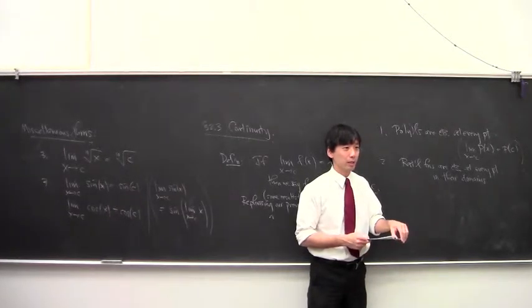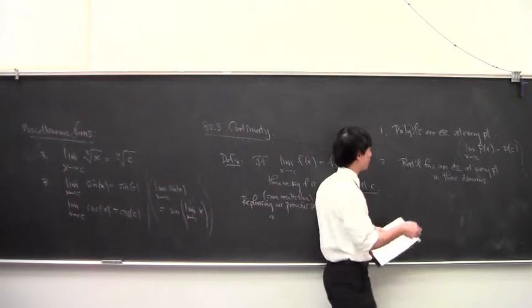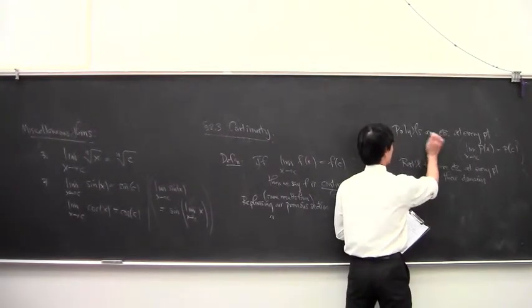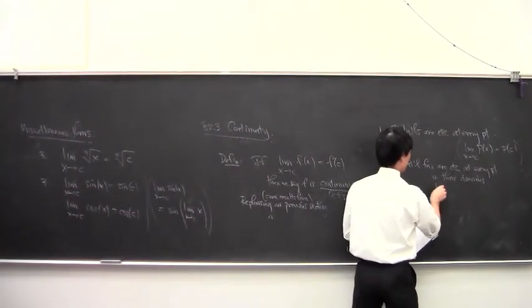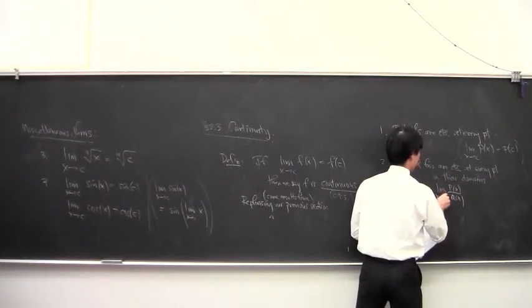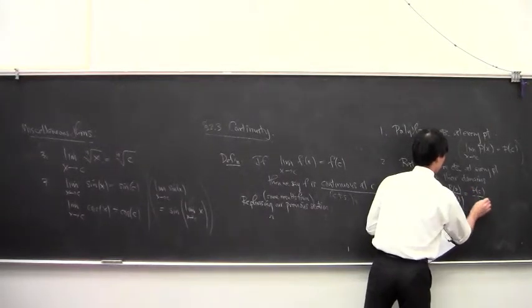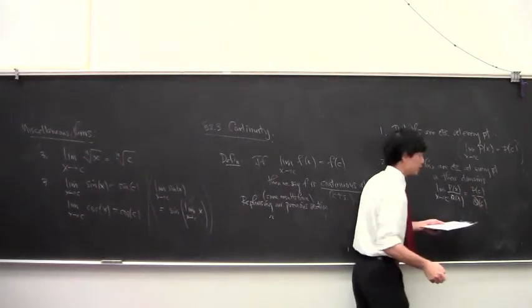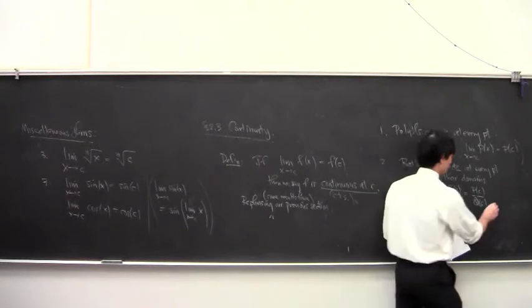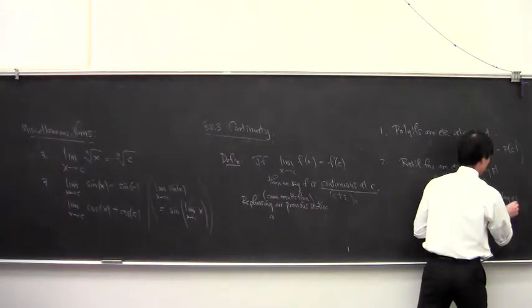What do you mean by rational function? A polynomial over polynomial, a ratio of polynomials. So the limit of p over q as x approaches c is going to be p of c over q of c, as long as q of c is not 0.